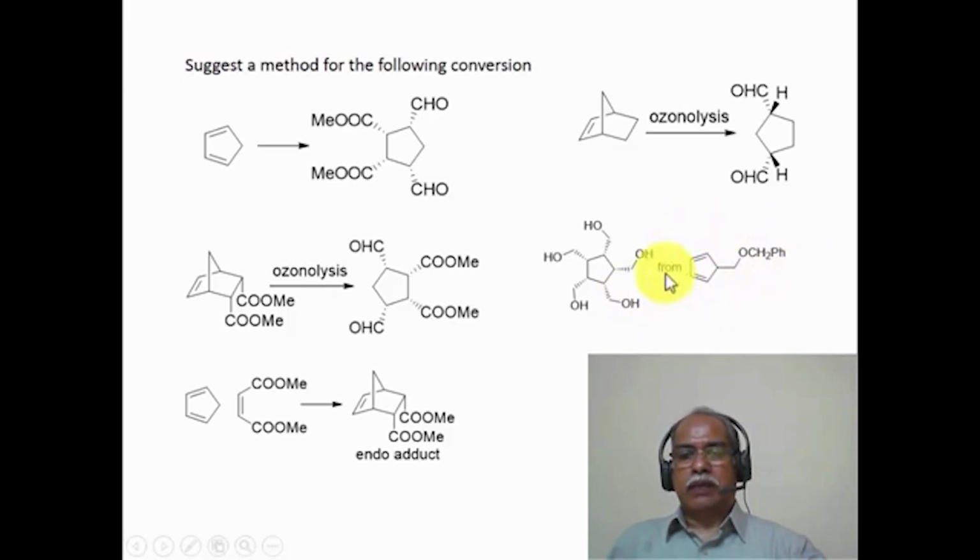One of the starting materials is given as this molecule. The other starting materials you consider carefully and see if you can arrive at the synthesis of this particular molecule. I am not going to solve this problem. This problem is an assignment that is given to you. So try to solve this problem carefully using the same kind of strategy that is shown for this.